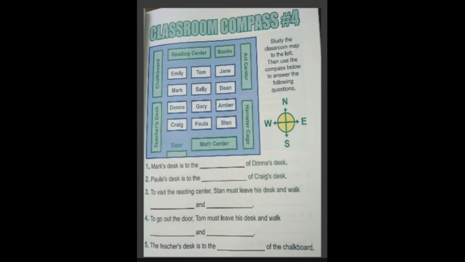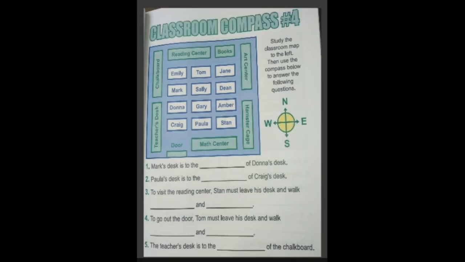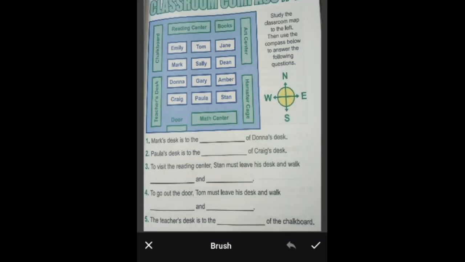So I am going to solve blanks 3 and 4. Now look at your screens. In blank number 3 they are asking: to visit the reading center, Stan must leave his desk and walk dash and dash. Now where is the reading center and where is Stan? Firstly we have to find both of them.